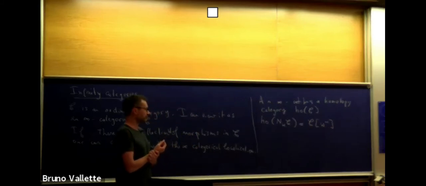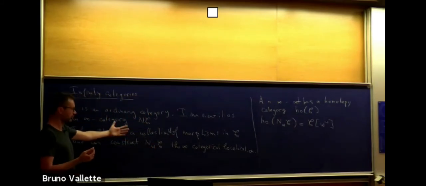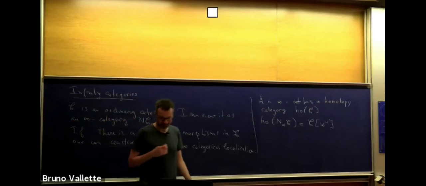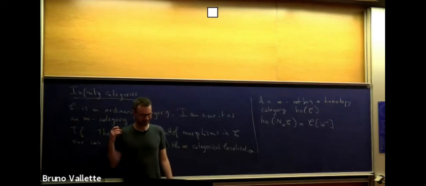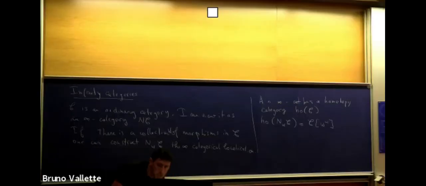And maybe one thing I can say: we're usually familiar with one particular example of such a category with weak equivalences, namely the theory of model categories, like homotopy limits, homotopical limits, etc. This still works.